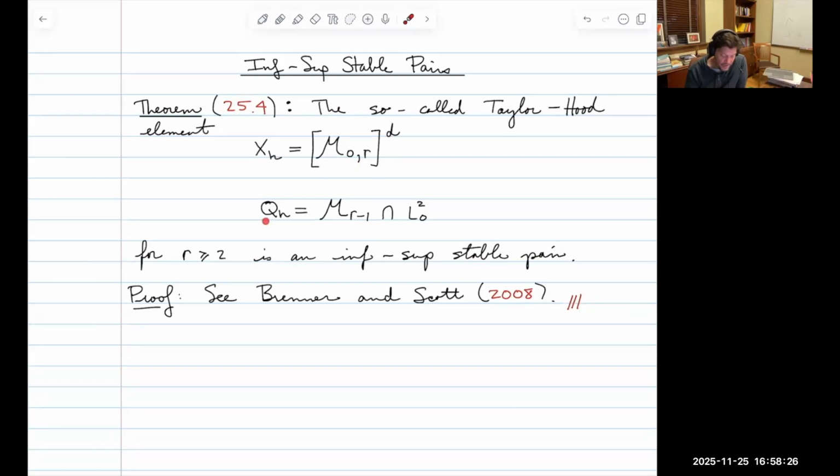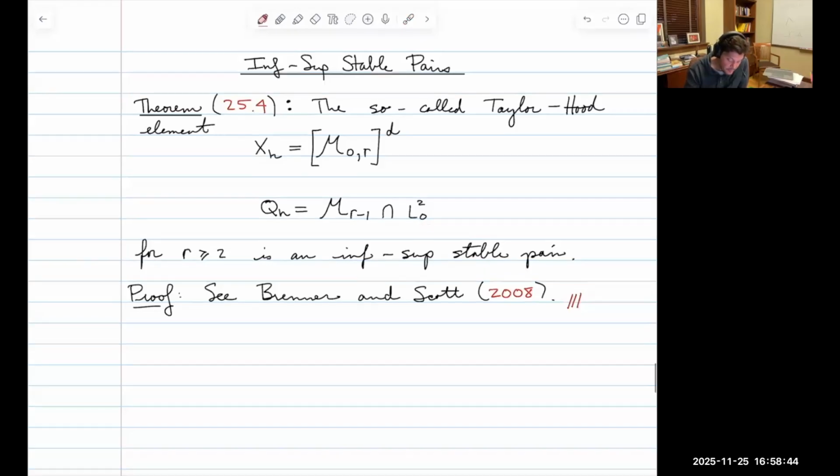For the pressure, we're going to take the same space, only with 1 degree lower polynomials. Okay, so the polynomials here are degree R. Here it's degree R minus 1. And we're going to intersect that with the mean zero functions. Okay, let me put mean zero functions over omega, our space that we're solving here.